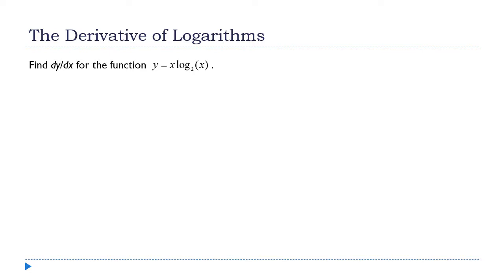So I'm going to use my product rule. dy/dx is the derivative of x times the log base 2 of x plus x times the derivative of the log base 2 of x.